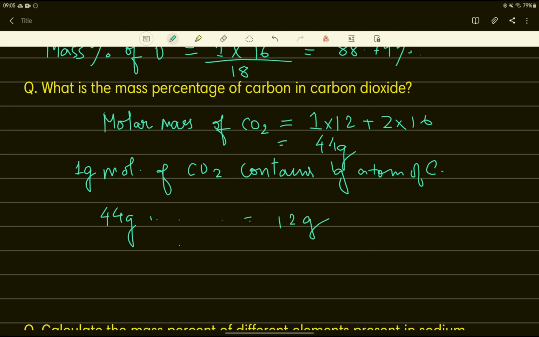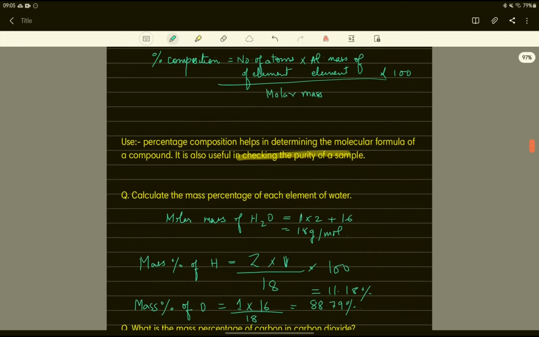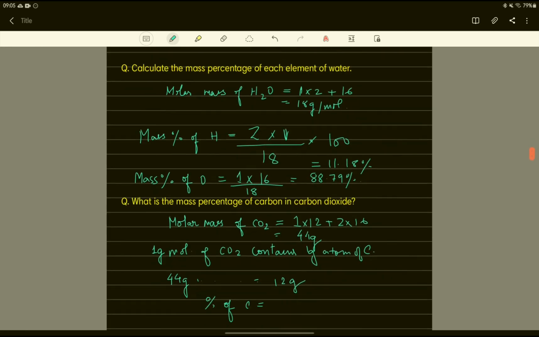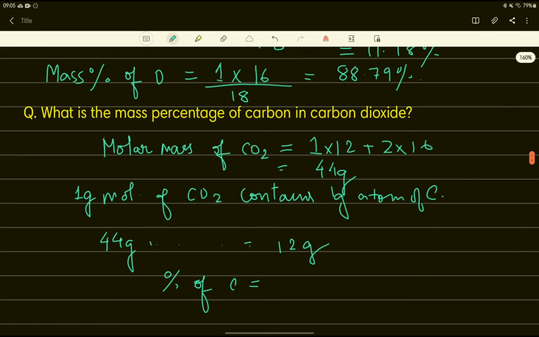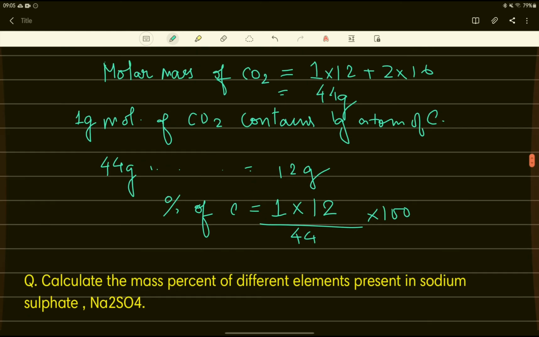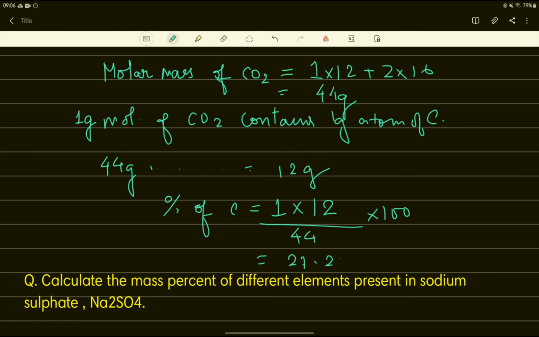So percentage of carbon is equal to, what is the formula we used earlier? Number of atoms of the element. How many atoms of carbon are there in carbon dioxide? 1, into the atomic mass, that is 12, divided by 44, into 100. So it is equal to 27.27%. Very easy.